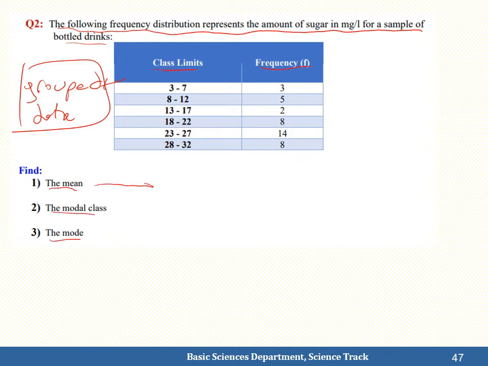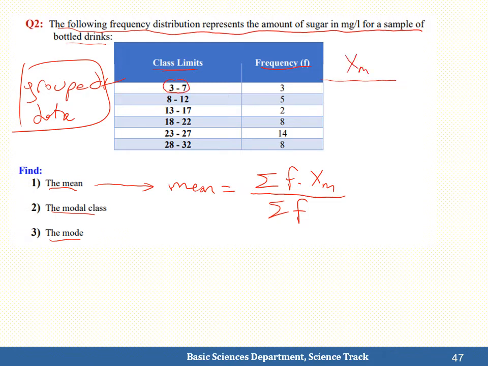For grouped data, the mean formula is this: the frequency times the midpoints of the classes, summed, and then divided by the sum of the frequencies. So we have to find the midpoints of the class limits.